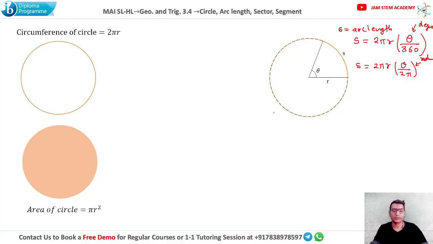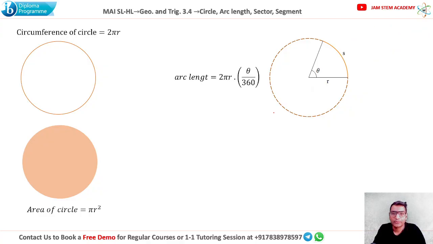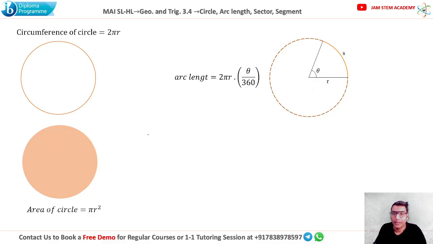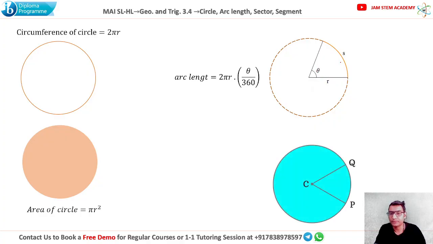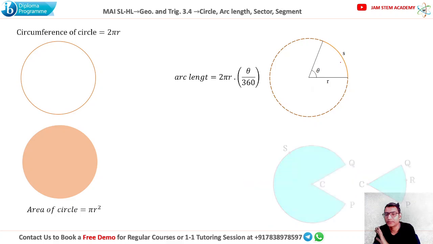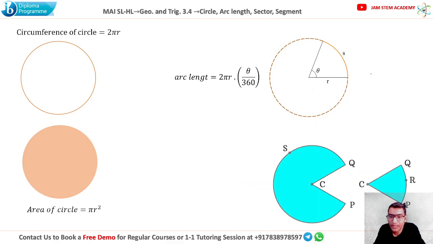Now let's talk about the second part. For this complete circle the area is pi r squared. But for this arc, we have this portion which we call a sector. We can cut out this part, which makes an angle theta, and the radius is r.